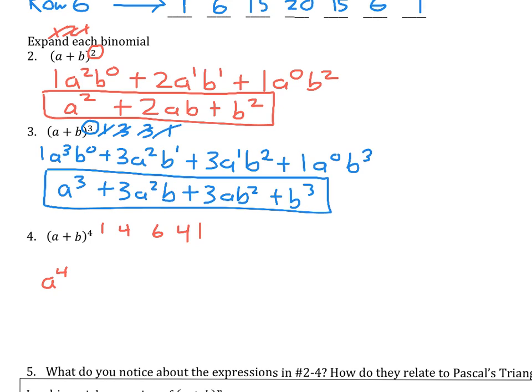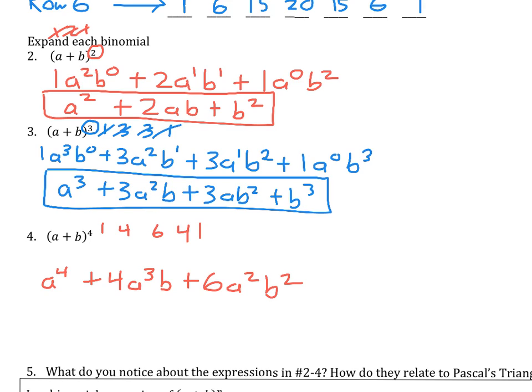I'm not going to write b to the 0. Plus, now we're going to use the 4. 4, the a's go down by 1. The b goes up by 1. And I probably shouldn't even write the 1. Plus, and now we're using the 6. 6 a squared b squared.